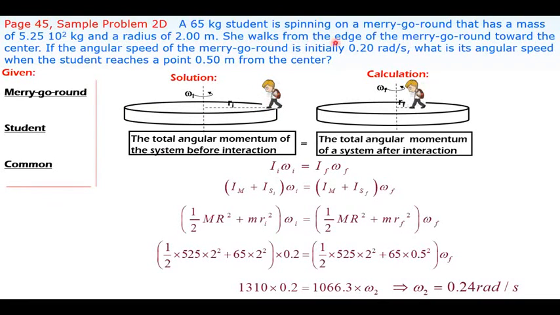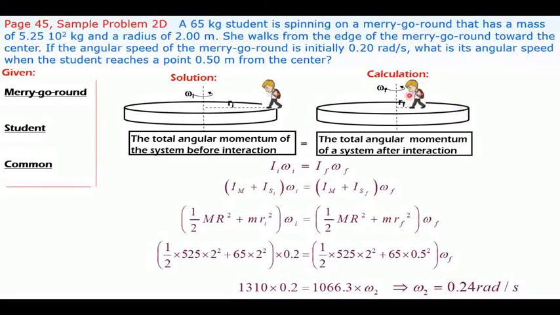She walks from the edge of the merry-go-round towards the center. Initially she was here, then walking here, coming closer to a point closer to the axis of rotation. If the initial angular speed of the merry-go-round is 0.2, what is the angular speed when she reaches a point 0.5 meter from the center?